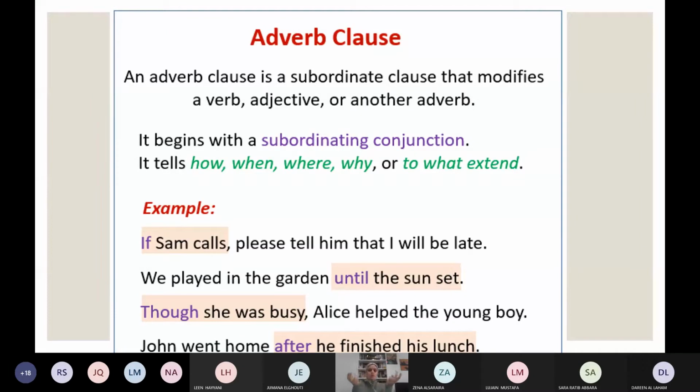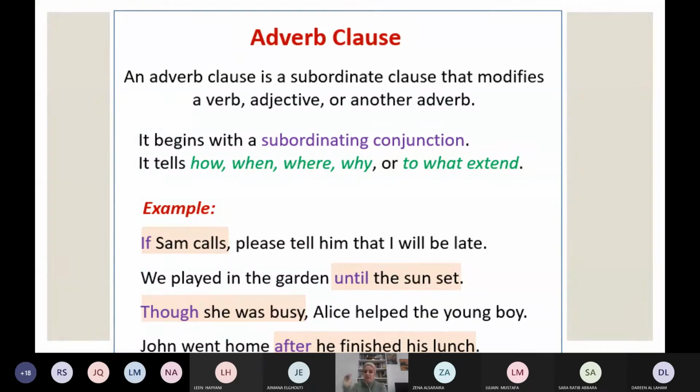What are the questions that an adverb clause answers? The questions how, when, where, why, to what extent. Remember when we said, he runs quickly, quickly is an adverb because it answers how he runs. He slept late, late is an adverb because it answers when.